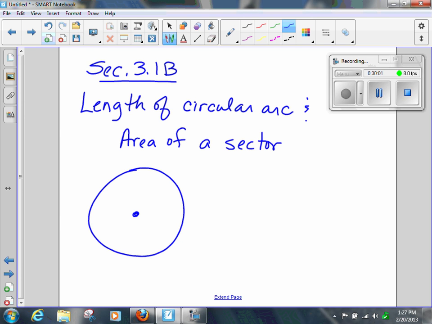Here we go. Where is the arc? Think of pi, P-I-E, pie. Where is the arc? It's between the two. Relate it to P-I-E, pie. The arc.